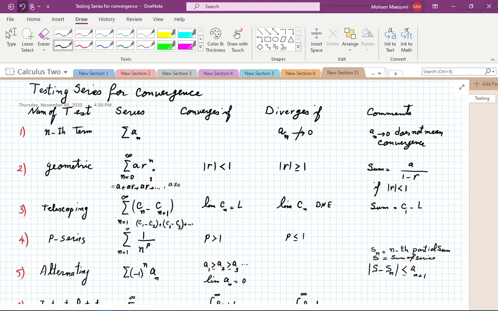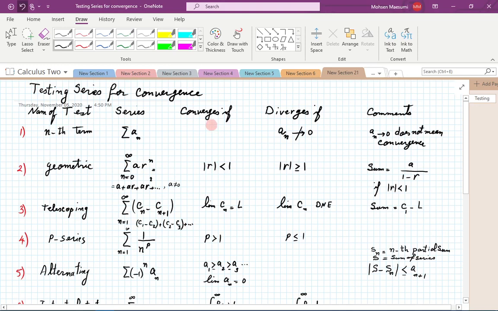Next, we had a few problems related to telescoping series. Telescoping series means that the first term can be written as a difference of two numbers, for example C1 minus C2, and the next one is a difference of C2 and C3, and the next is a difference of C3 and C4, and so on. So telescoping simply refers to the cancellation of the consecutive terms.